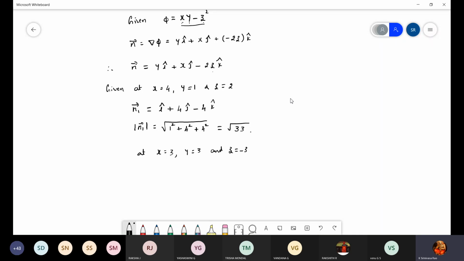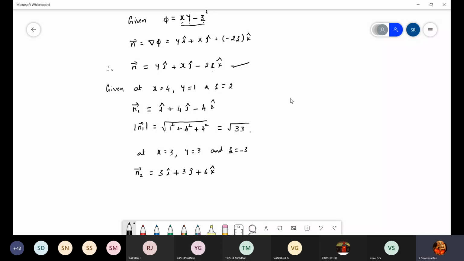Now you take this as n2, the second normal vector. So y, that is 3 i cap, plus x, 3 j cap, and minus 2 times minus 3, minus gives plus, 2 times 3 is 6 k cap.